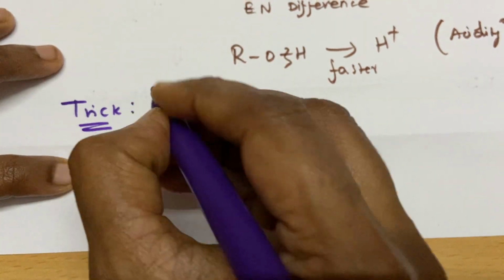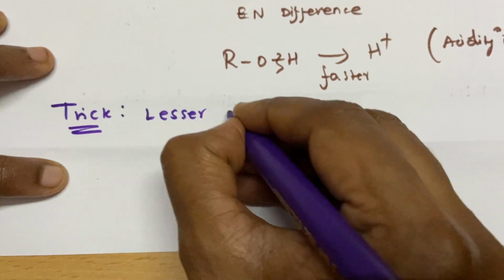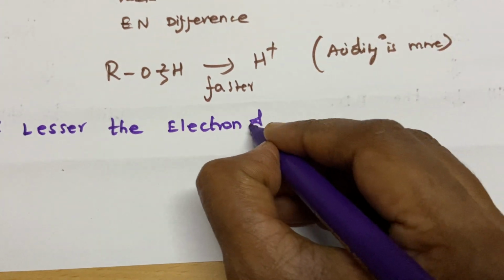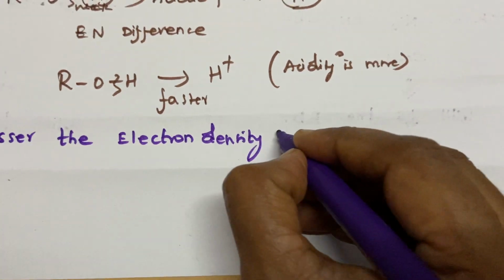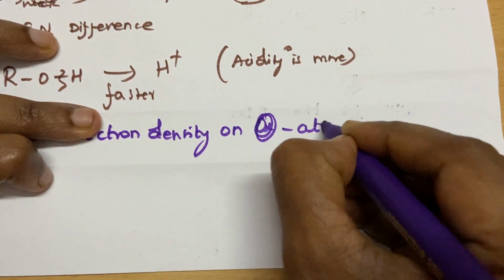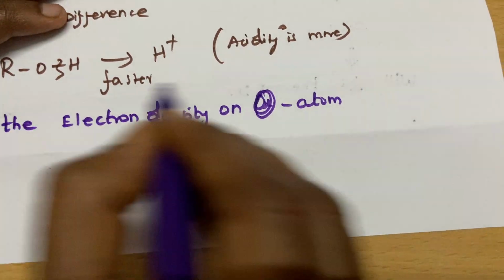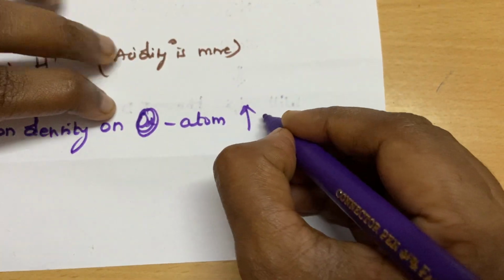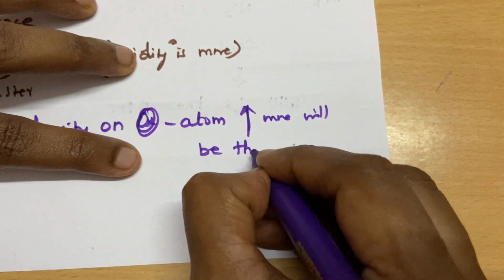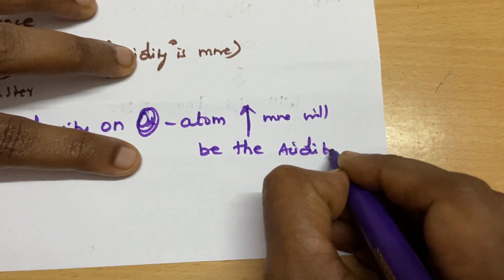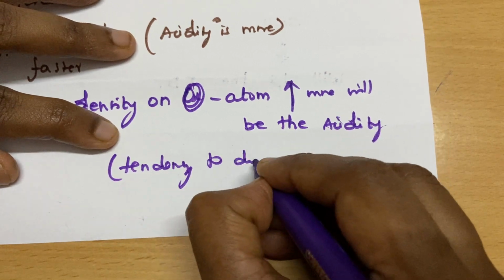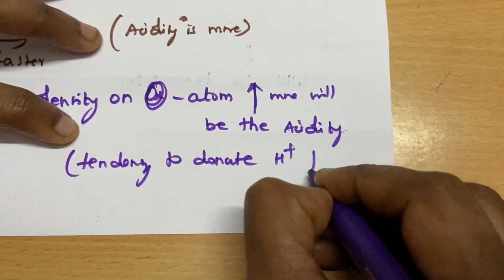The lesser the electron density on the oxygen atom, the more acidic it will be, because the tendency to donate the proton increases.